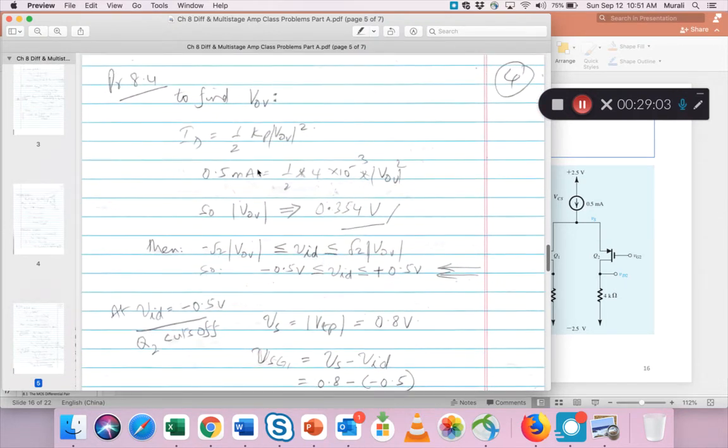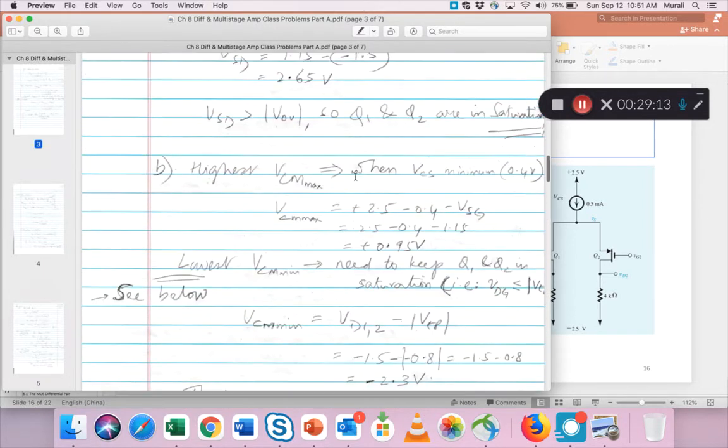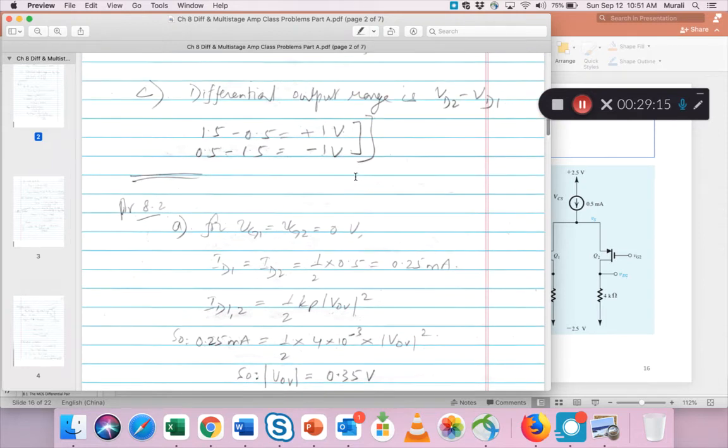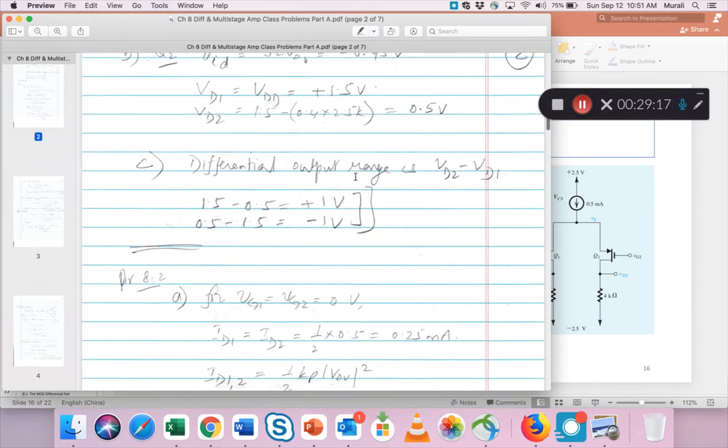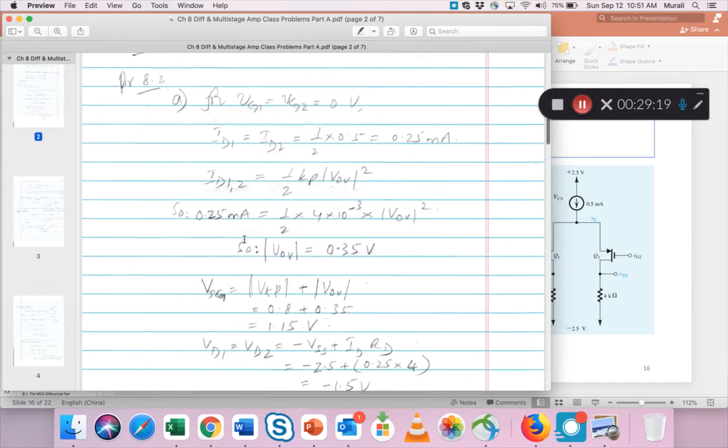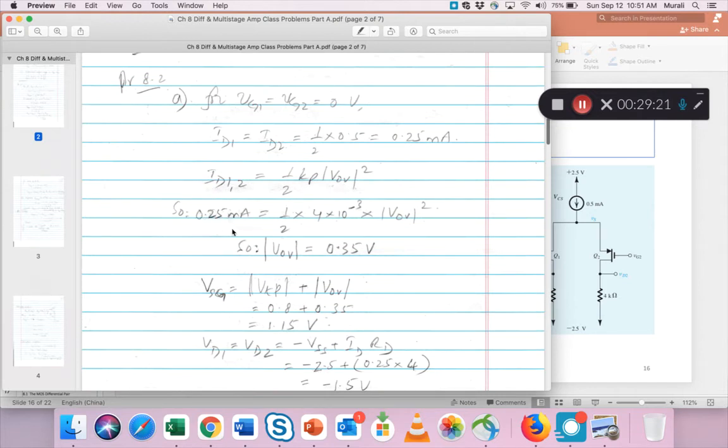But anyway, given this is 0.5, we use half of 0.5, and we come up with 0.35.